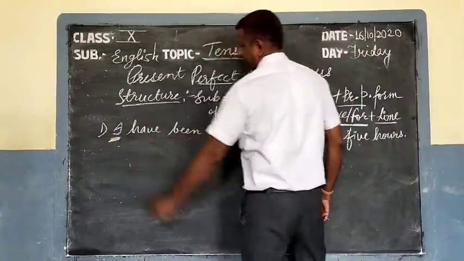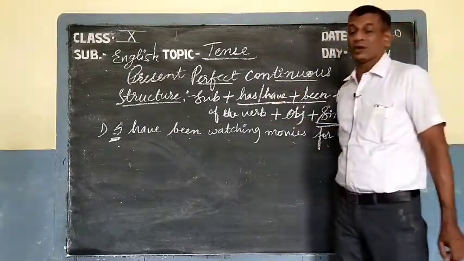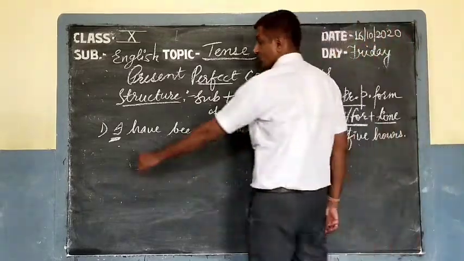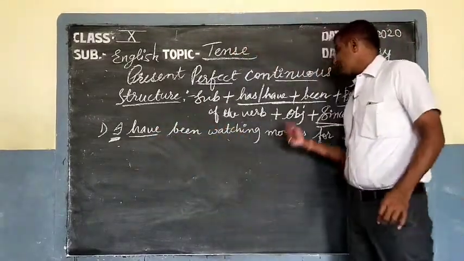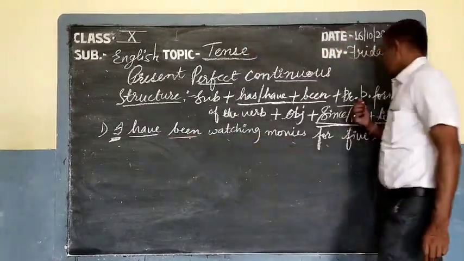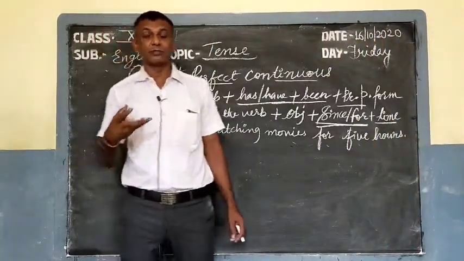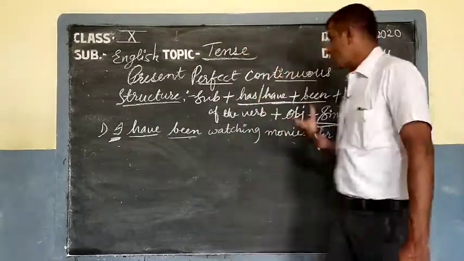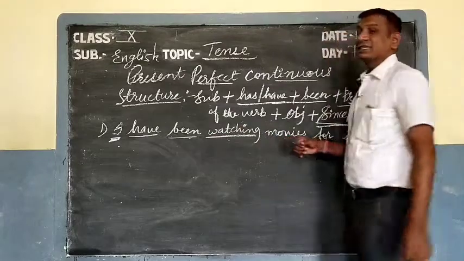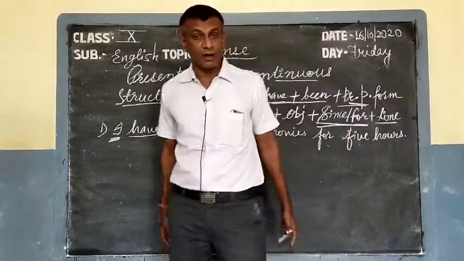Subject I, use of have, has and have. So you know with I we use the verb have. Then use of been, already in the structure. Now the PRP form is the form of the main verb, which is watching, in progressive form.